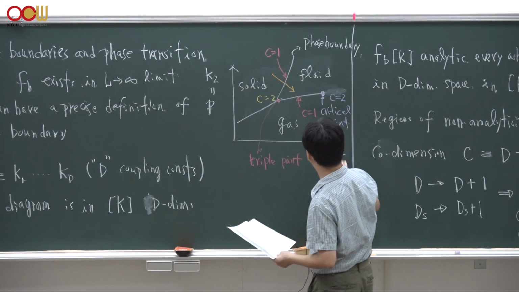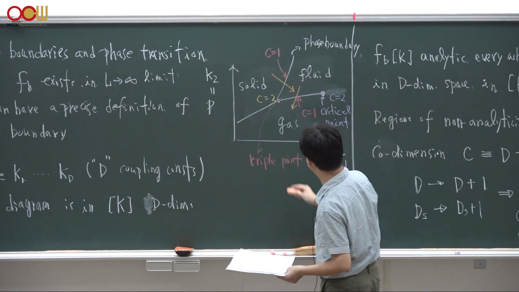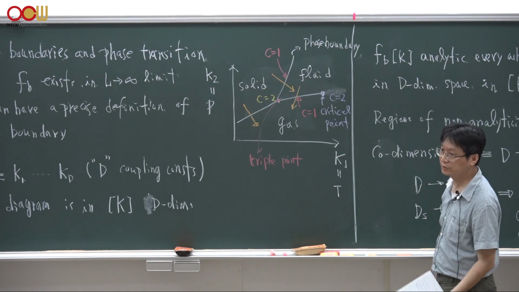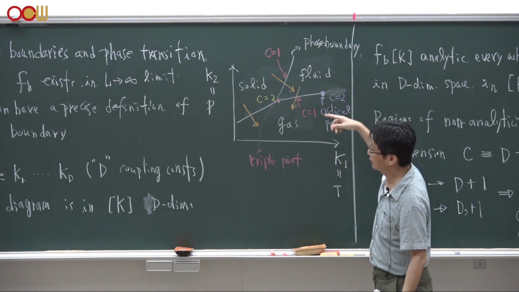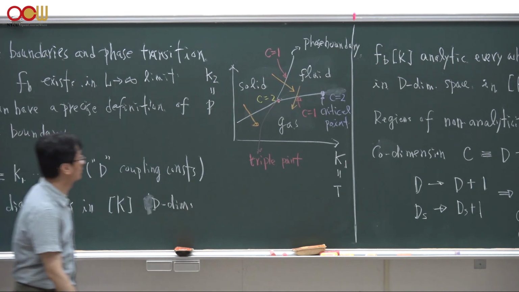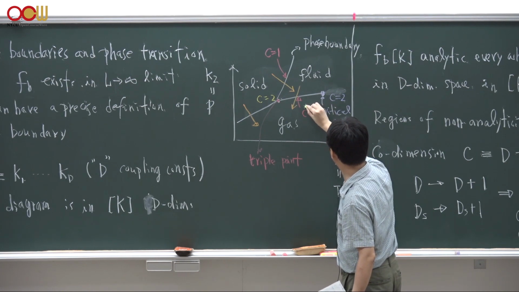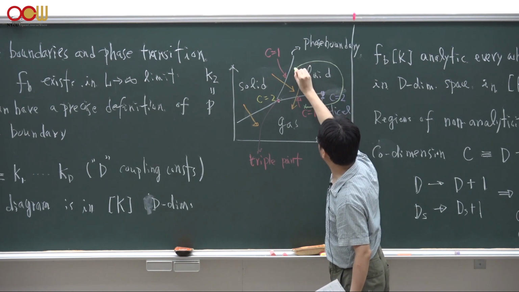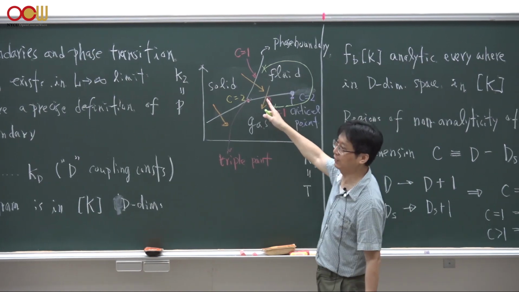Or you could cross this liquid gas transition like here, or you could even cross the solid gas transition over there. But interestingly, you could avoid passing through the phase boundary between the liquid and gas phases, and that's what we discussed last time. We could change the temperature and pressure in such a way that you start from this gas phase, then you make a detour and end up in the fluid or liquid phase without passing through this phase boundary.